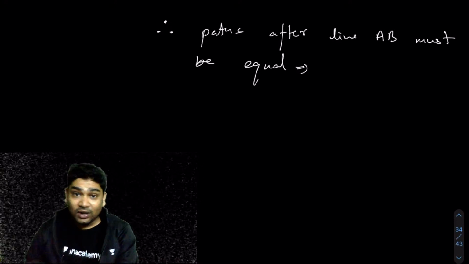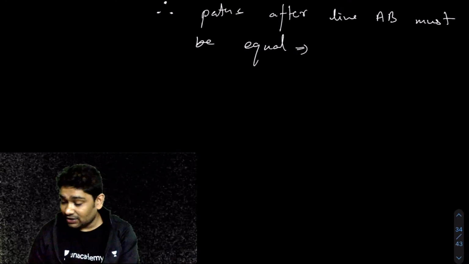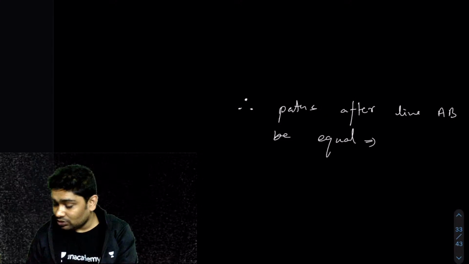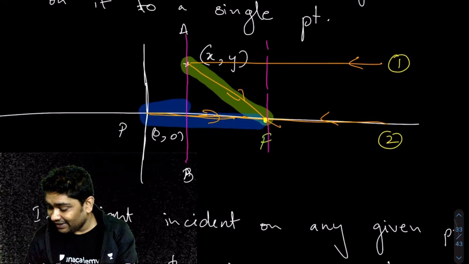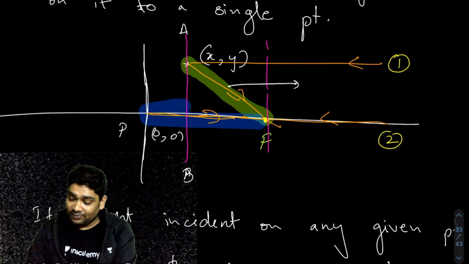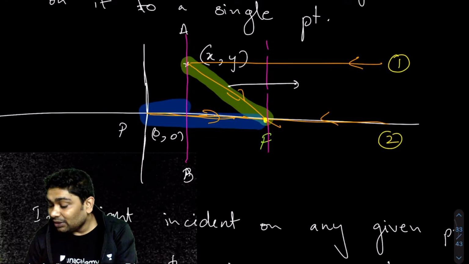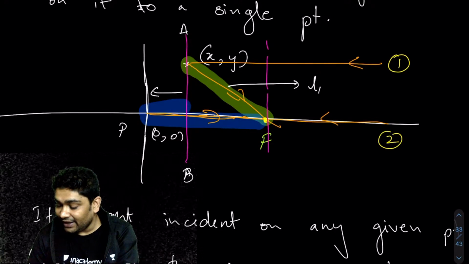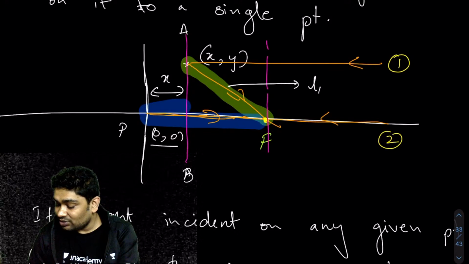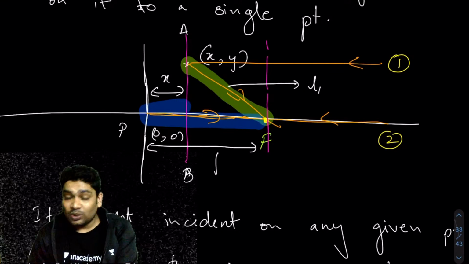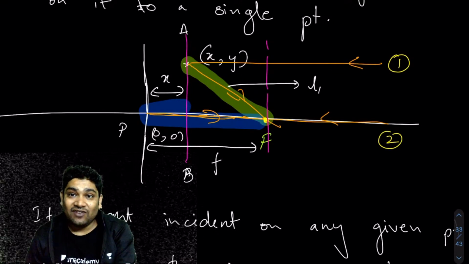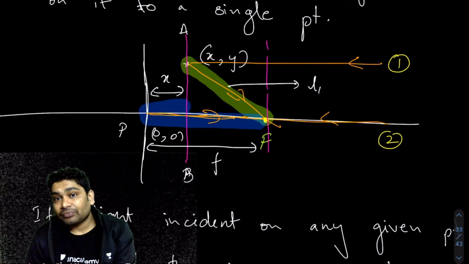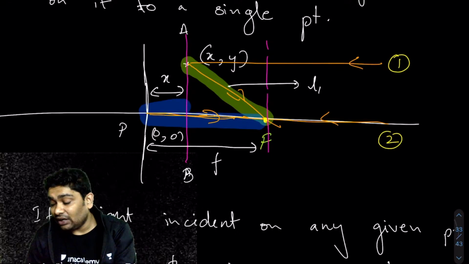Okay. Now, what are the two parts? Let's talk about that also. So this guy is talking about this part. This is L1, and this is obviously going to be x, and this is going to be F. So L2 is x plus F, and L1 is nothing but, we can use Pythagoras theorem.